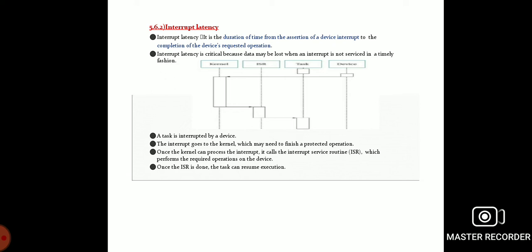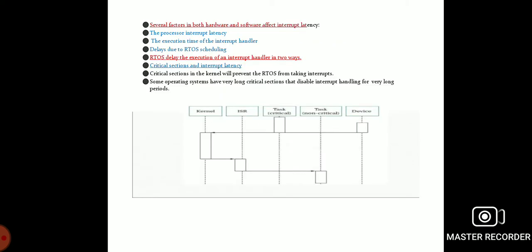The scheduling process may be delayed. So the real-time operating system delays the execution of the interrupt handler in two ways: critical section and interrupt latency, and interrupt priority and interrupt latency. These two methods are followed by the real-time operating system to delay the execution of an interrupt handler.